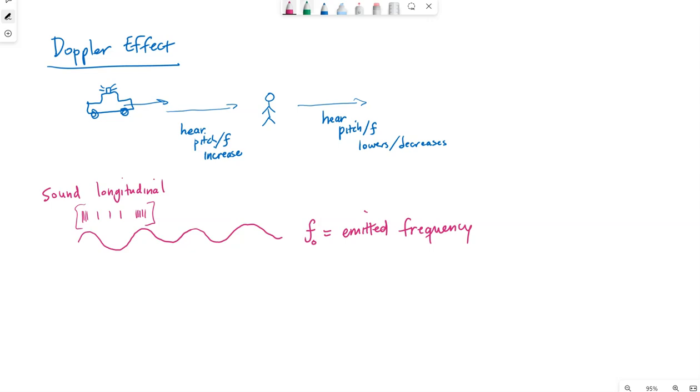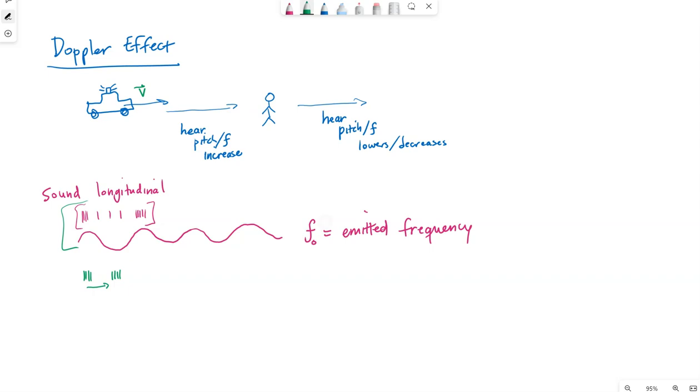What happens is these waves are being emitted, but because the ambulance or cop car, whatever it is that's emitting this sound, is also moving, as it continues to emit the sound, these compressions get moved closer to the next compressions. And that's true.